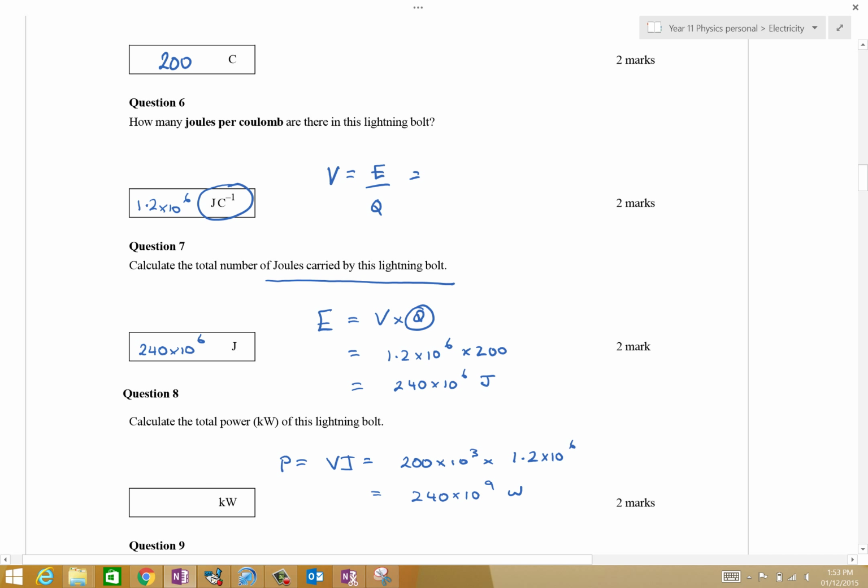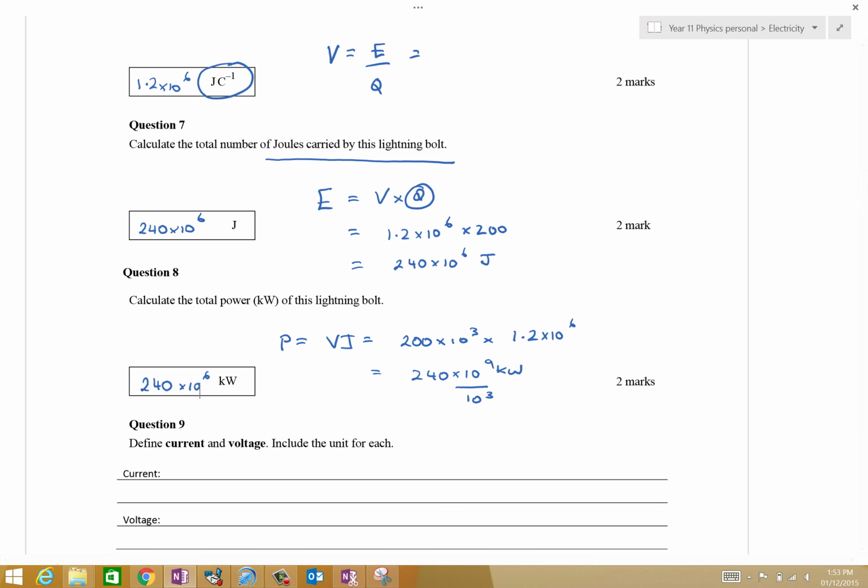How many in kilowatts? Wouldn't I have to divide through by 1,000? So that would be the same as dividing through by 10 to the 3 kilowatts. So I've got 240 by 10 to the 6 kilowatts.